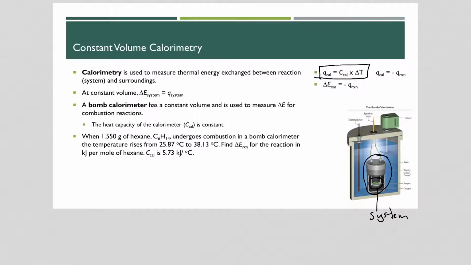Now, remember, the calorimeter here is our surroundings. So the basic process here is we are going to calculate the Q of the calorimeter, using its heat capacity and how much the temperature changes by, and we're going to use our system-surroundings relationship, that the Q of the calorimeter, or the surroundings, equals the negative Q of the reaction, or the system.